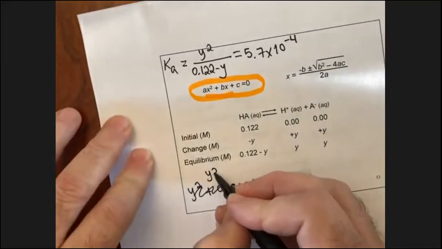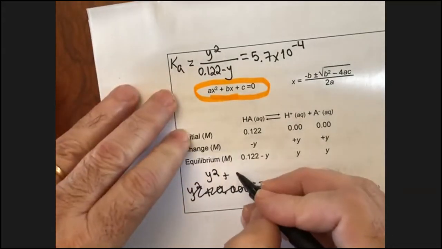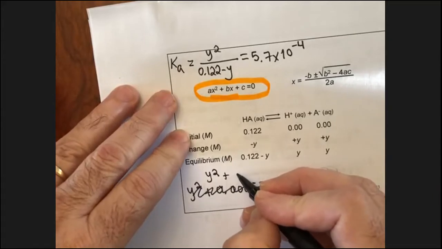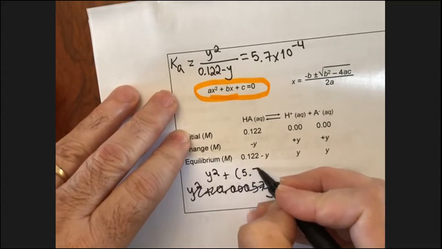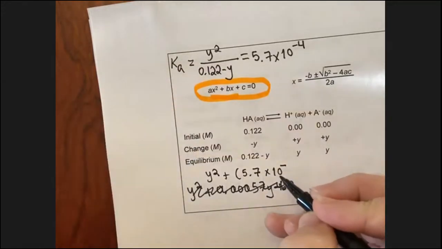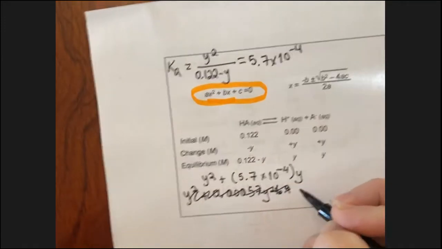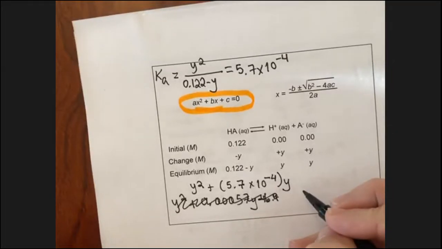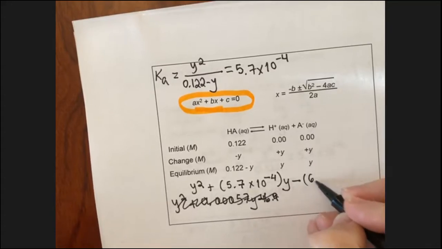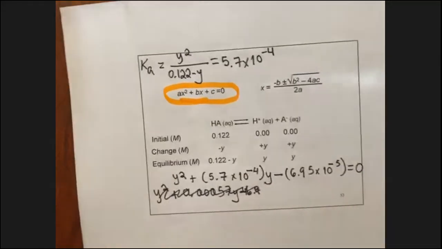So y squared plus 5.7 times 10 to the minus 4, minus 6.95 times 10 to the minus 5 equals 0.